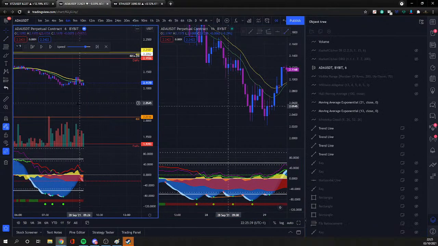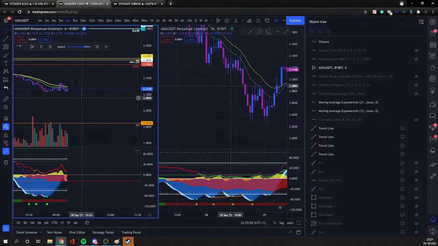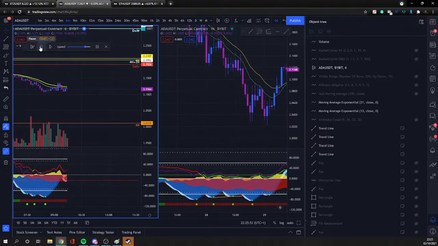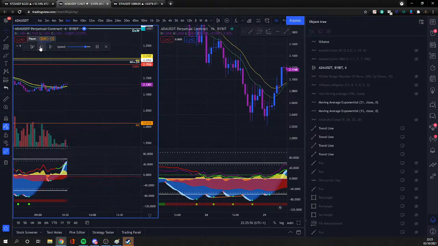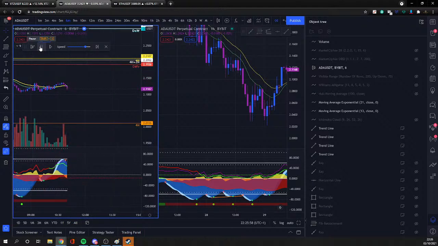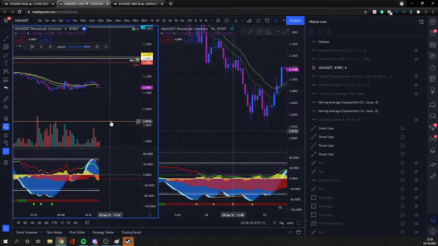I would probably say that unless price is going to come down to this level or up to this level, I would not be looking to trade this anytime soon. So we'll play this on. You're going to again start to look for a trigger wave in this 4 hour level at the moment.